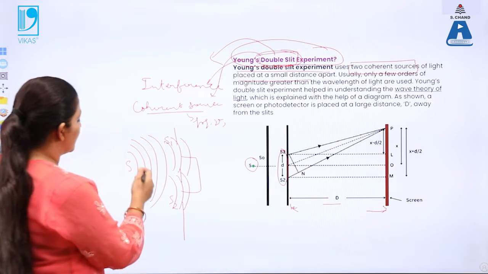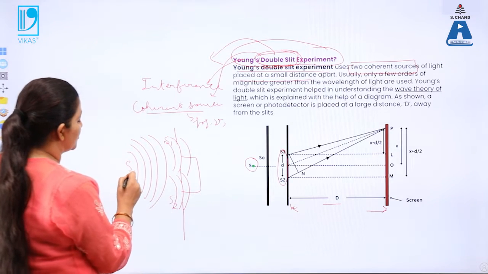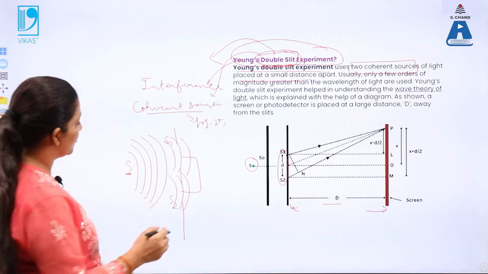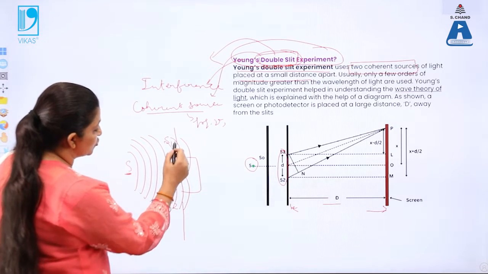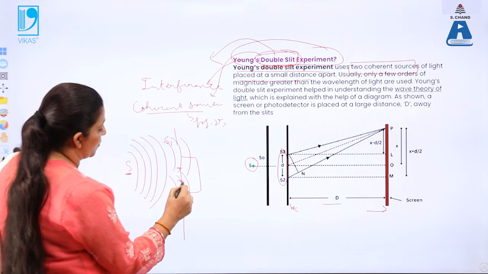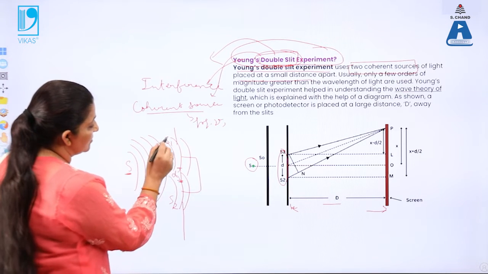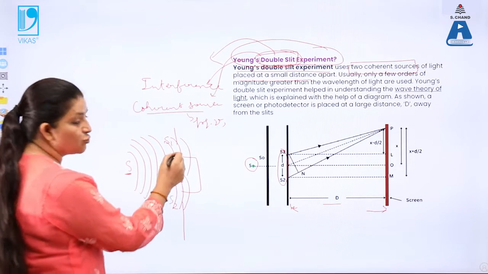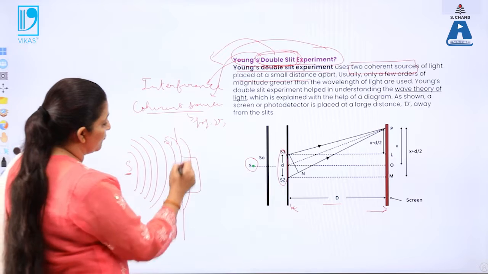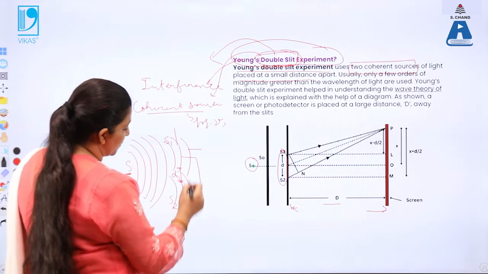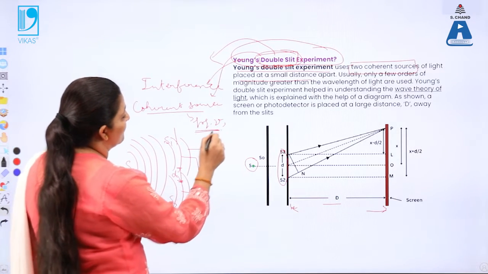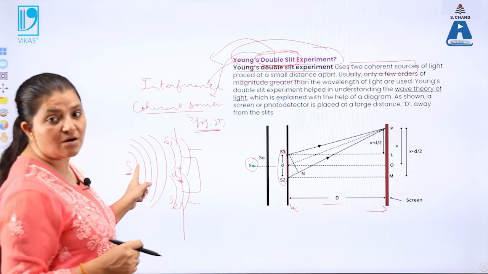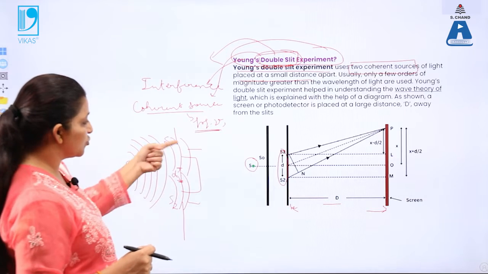In this case, the light or wavefronts originate from a single source, and after that we are using 2 slits, which are separated by a small distance d. Then these same secondary wavelets pass through these 2 slits. So the wavefronts from S1 and S2 will have the same frequency. That means this single source is termed as 2 coherent sources.